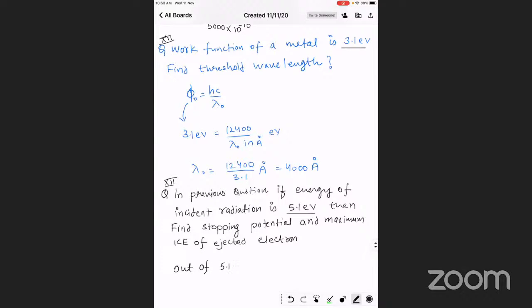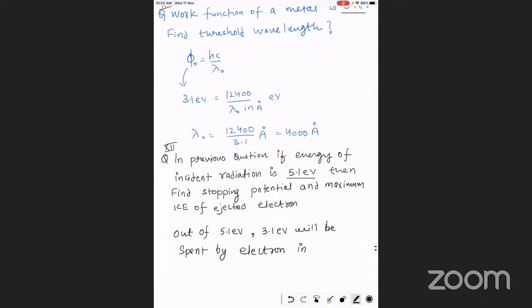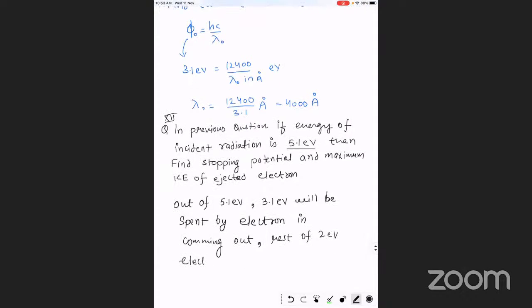So out of 5.1 electron volt, 3.1 electron volt will be spent, and the rest is with the electron as kinetic energy of the electron.